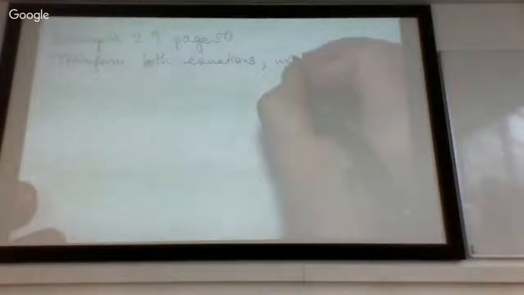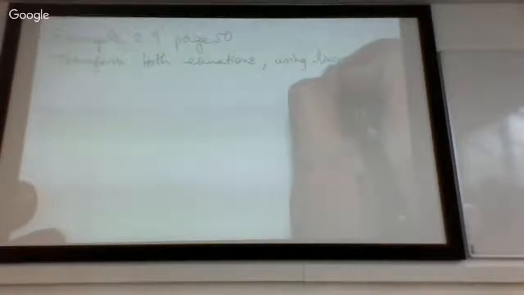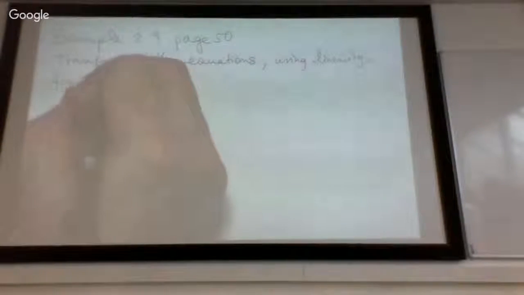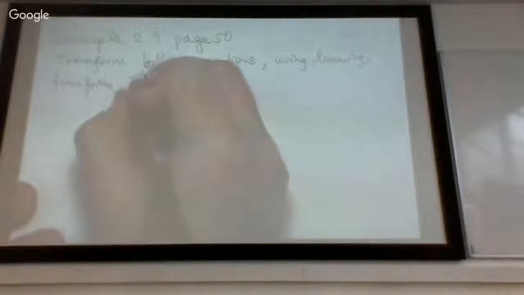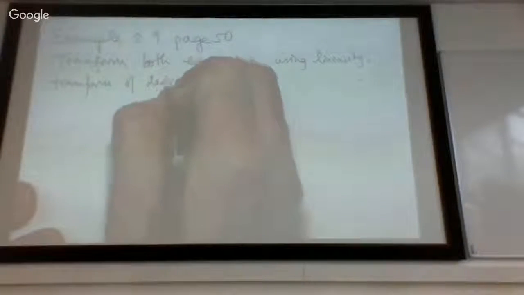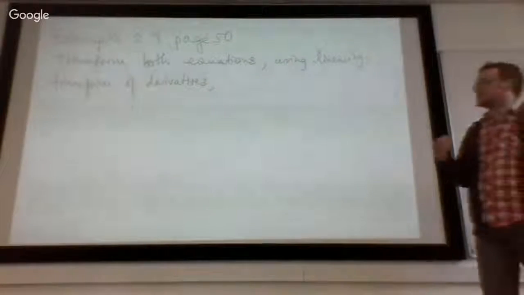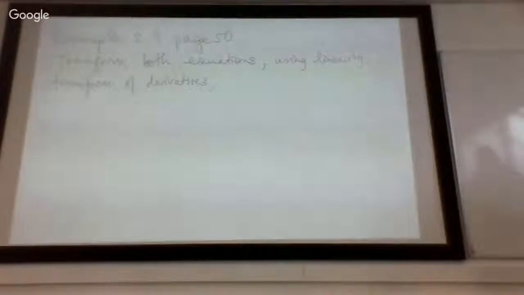Transform both equations. We're using a few things here. We're using linearity of the transform, and the transform of derivatives property, one of the theorems we proved about what the Laplace transform of the derivative of a function is, or how it relates to the transform of the original function itself.